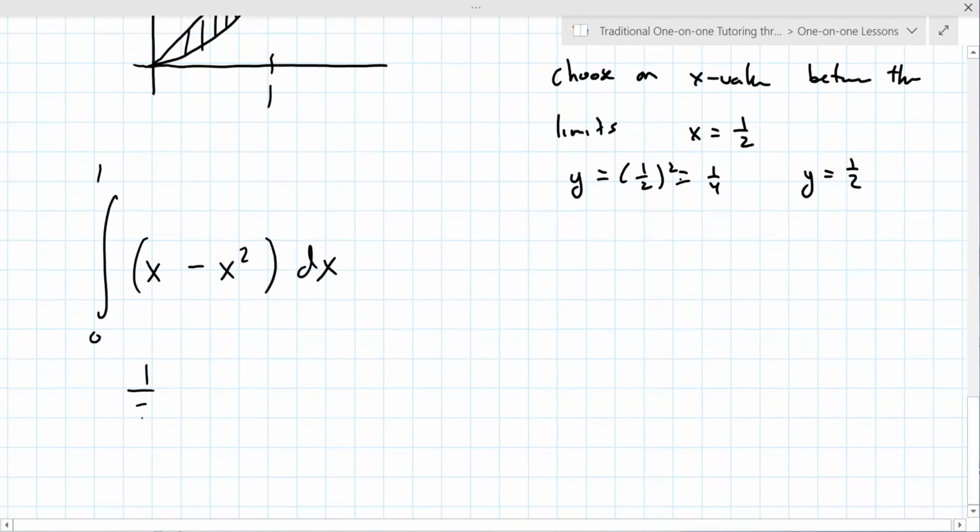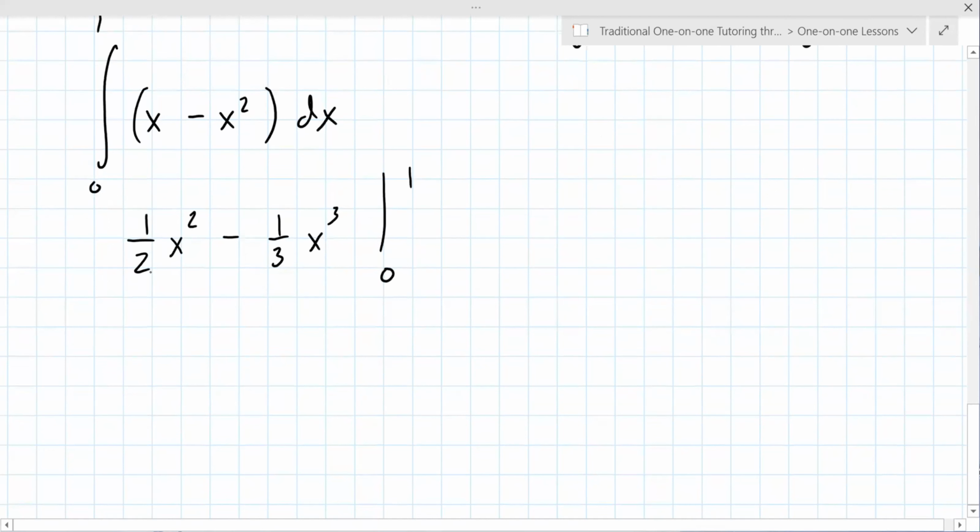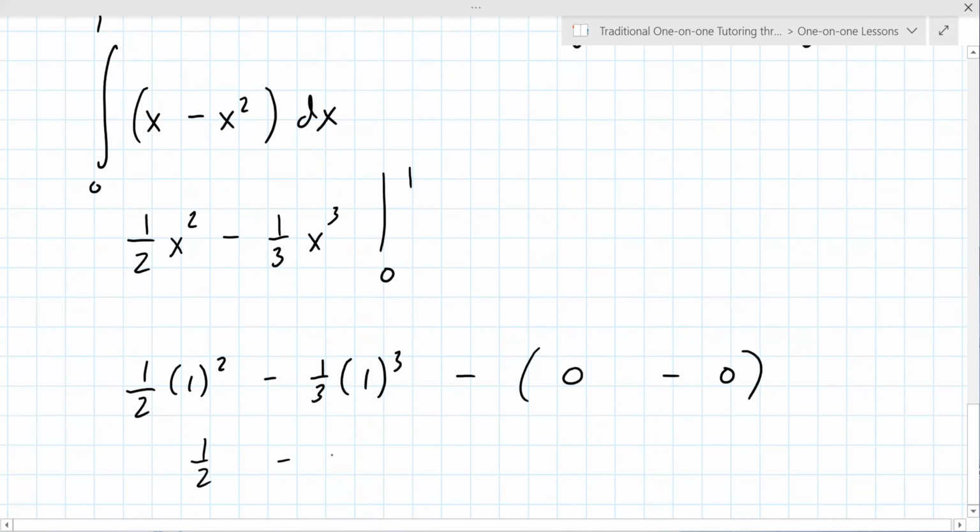So you get 1/2 x squared minus 1/3 x cubed from 0 to 1. Evaluate at the top and the bottom endpoint. Whenever you're evaluating a polynomial at 0 like this, you don't have to actually evaluate it, because it's 0. Yeah, 0 minus 0 if you have to show your work. 1/2 minus 1/3 equals 1/6.